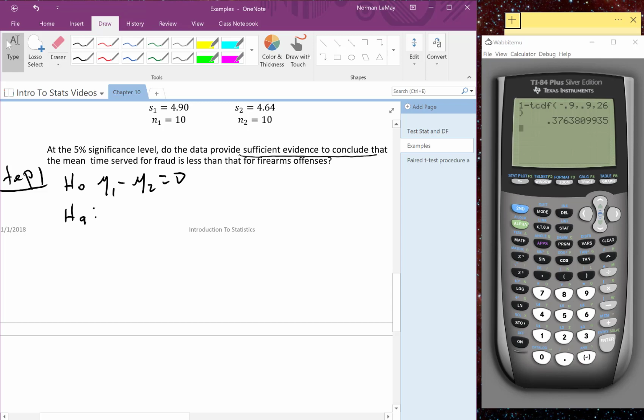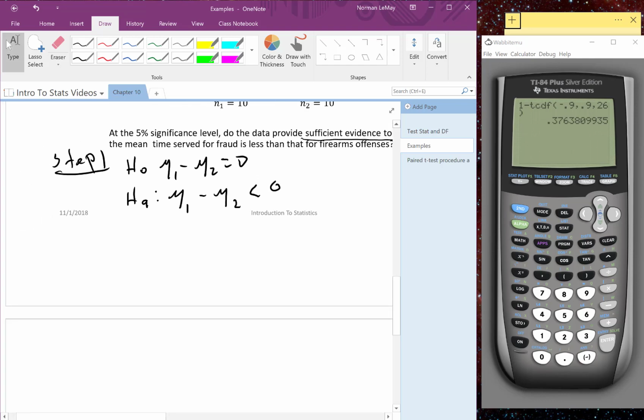So this one here is going to be mu1 minus mu2 is less than 0. Okay, so mu1 is less than mu2, so writing this as a difference, mu1 minus mu2 is less than 0.